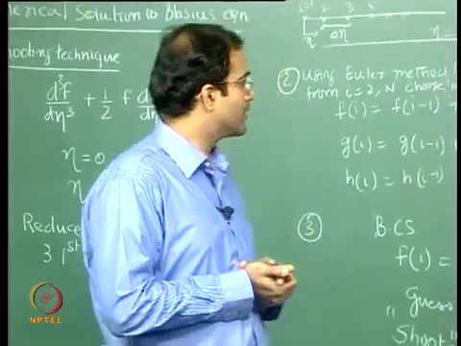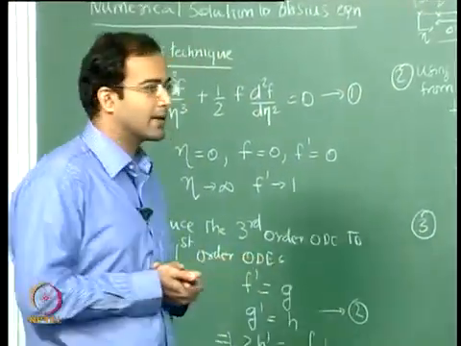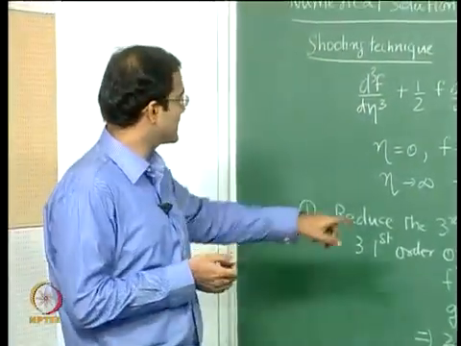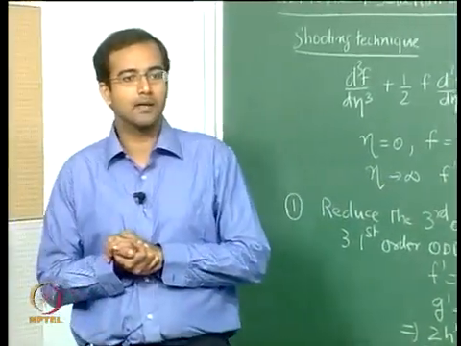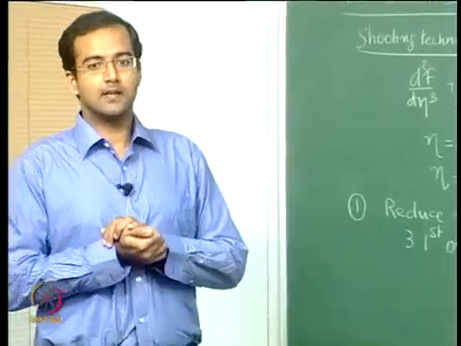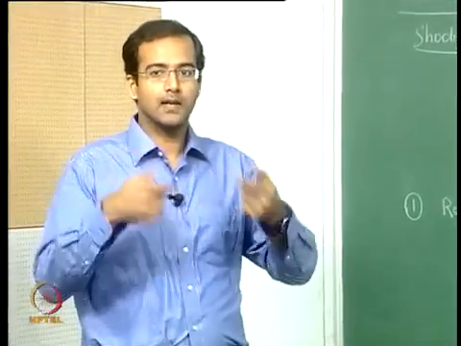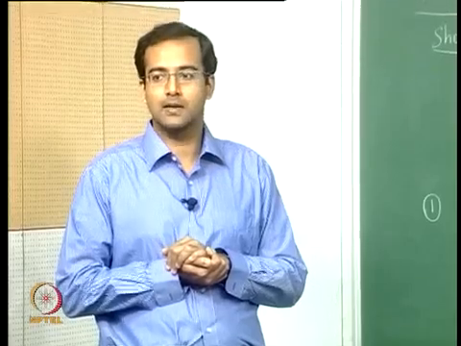If your eta was very large, the other boundary condition says that as eta goes to infinity, f prime should be 1. So we cannot apply that to the convergent series. Therefore, we had to come up with another series which is convergent for large values of eta.